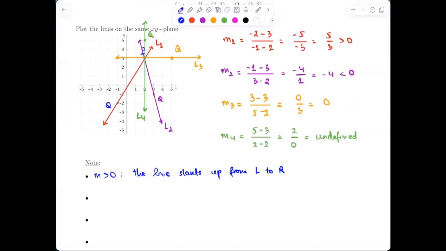So when the slope is positive, the line slants up from left to right.